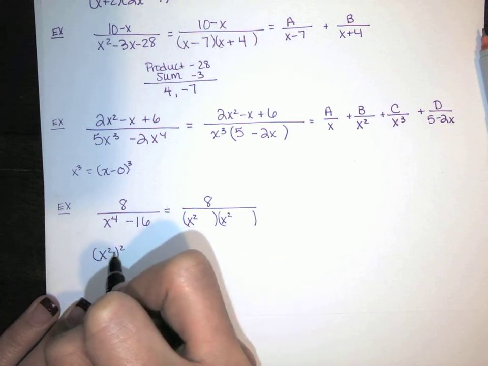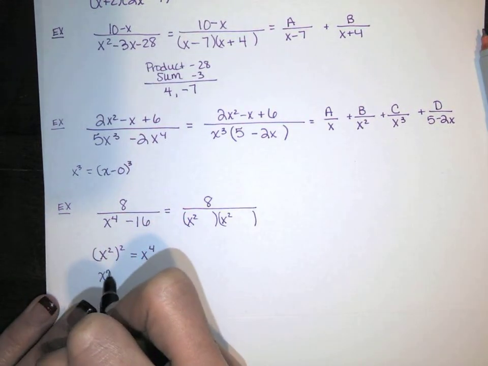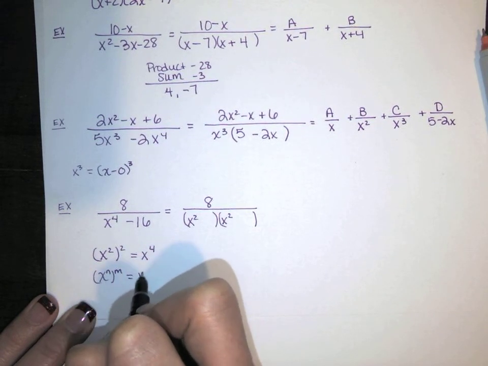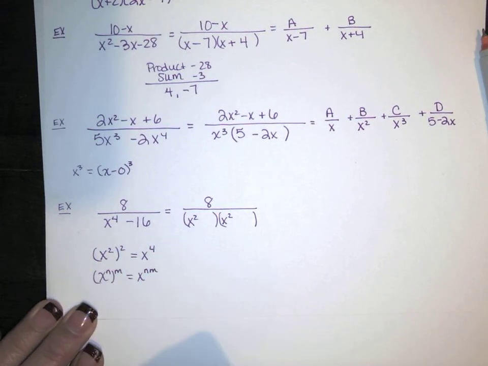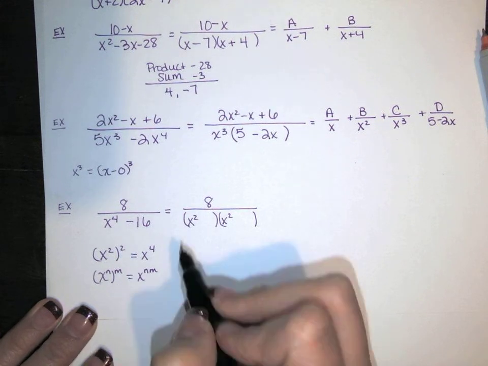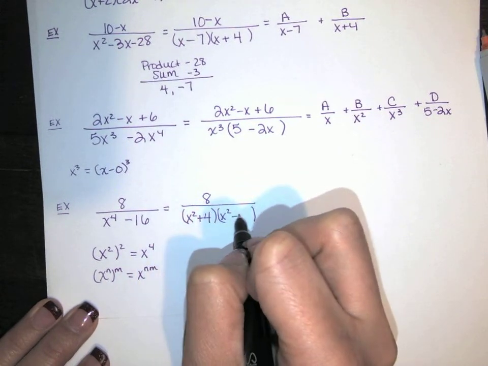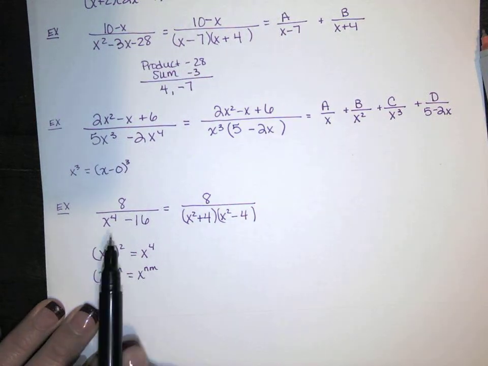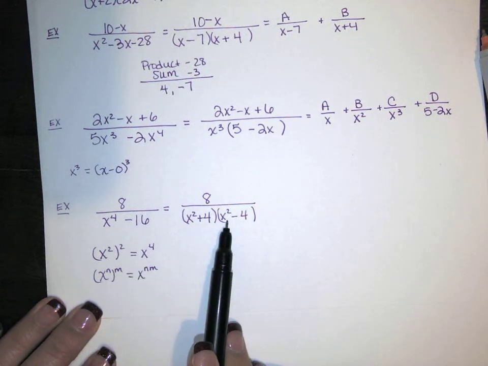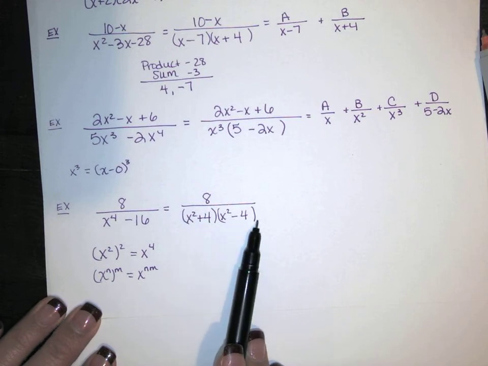Multiply the exponents. That's our rule. X to some power raised to some power is x to the product of the powers. So x squared squared is x to the 4th, and 16 is 4 squared, so I can add 4 and subtract 4. This is a squared minus b squared. A is x squared and b is 4. So you have a plus b times a minus b.